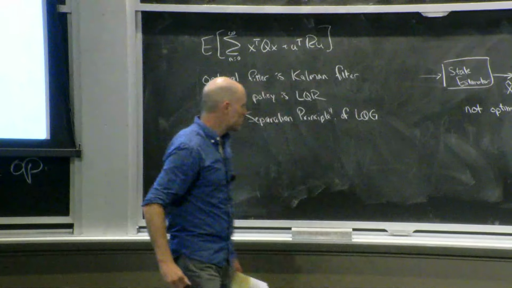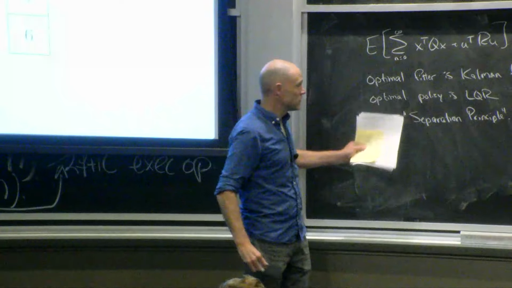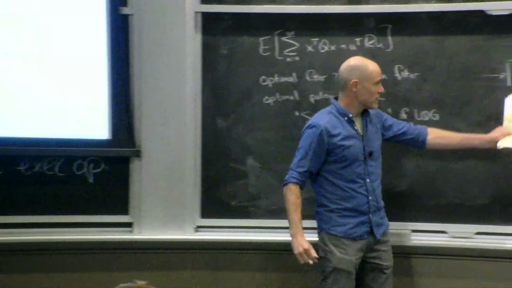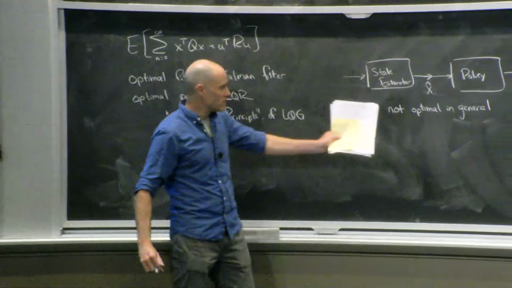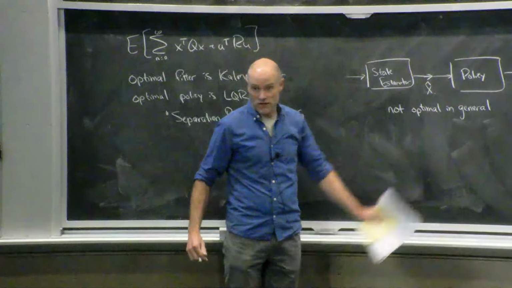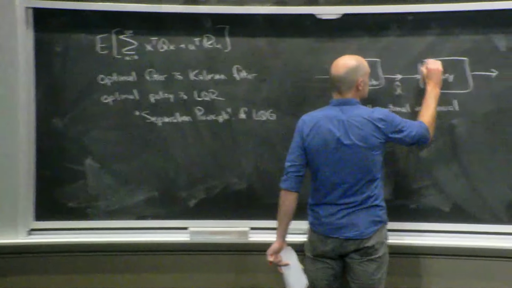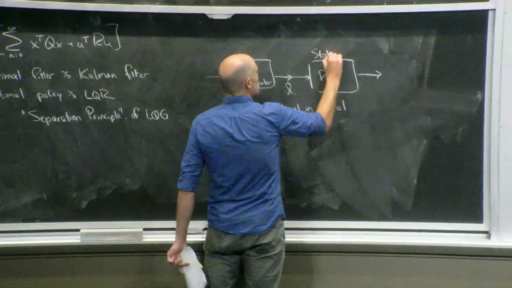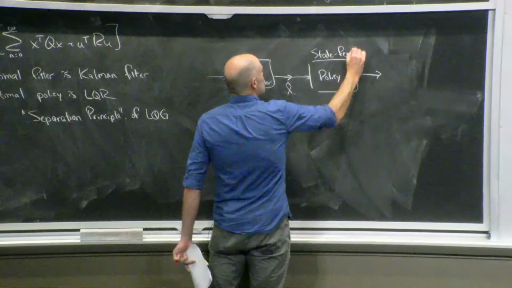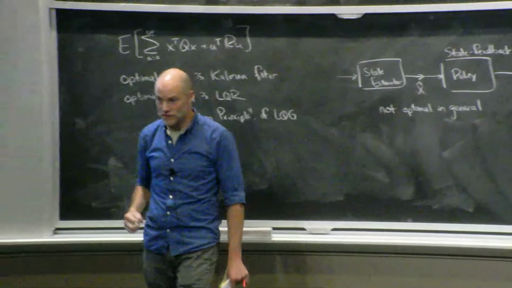So the separation principle, which works for LQG, is a beautiful result, but it's kind of been abused by the world of control, where people build state estimators outputting only the mean and use that to make a static, state feedback policy. But this can go arbitrarily poorly, right?